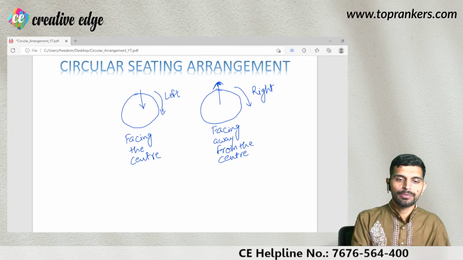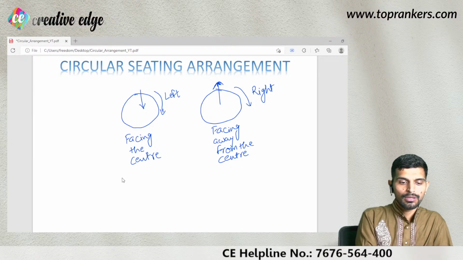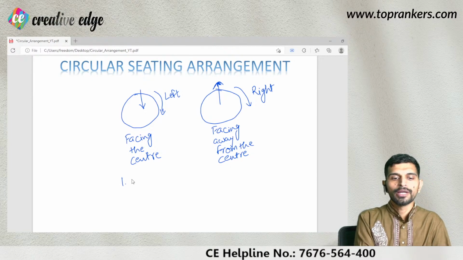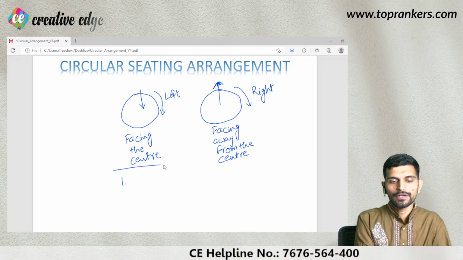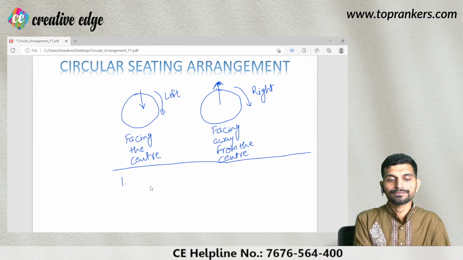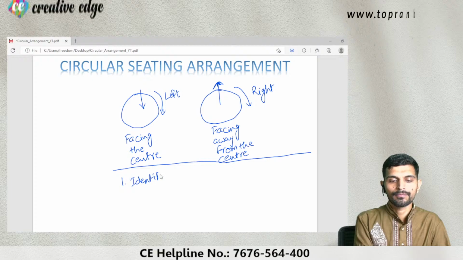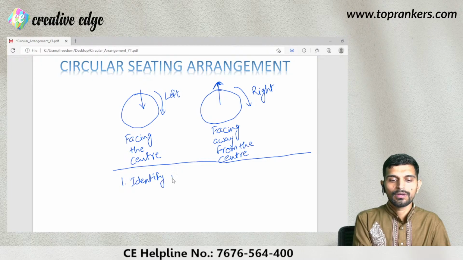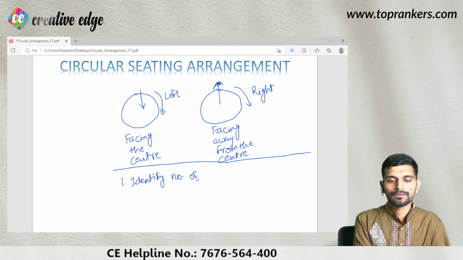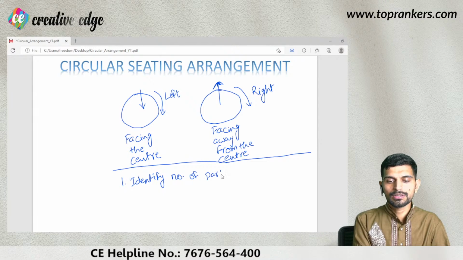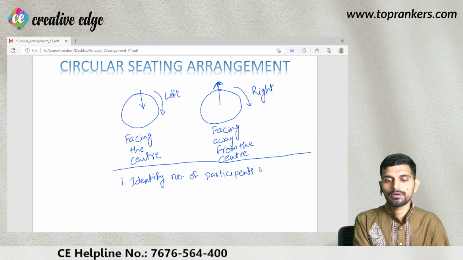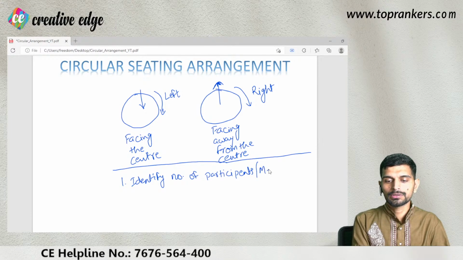The steps should be as simple as in any verbal reasoning question. The very first step is to identify the number of participants or members.